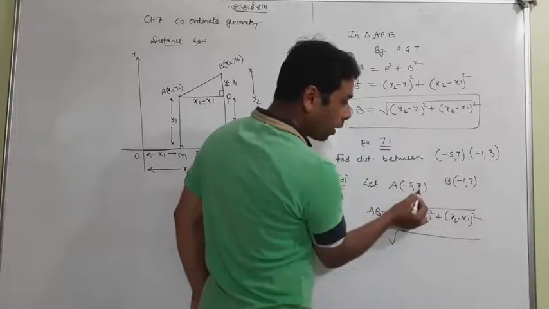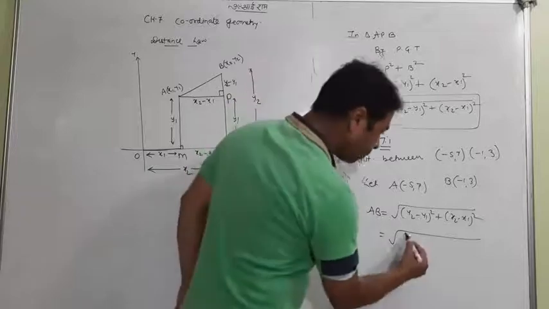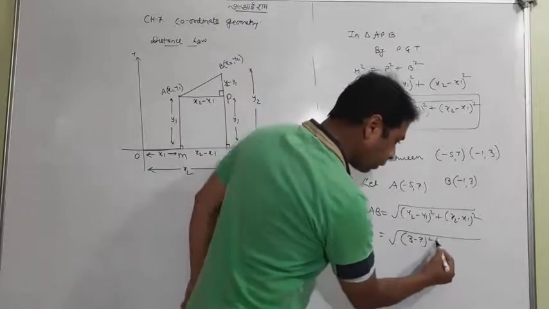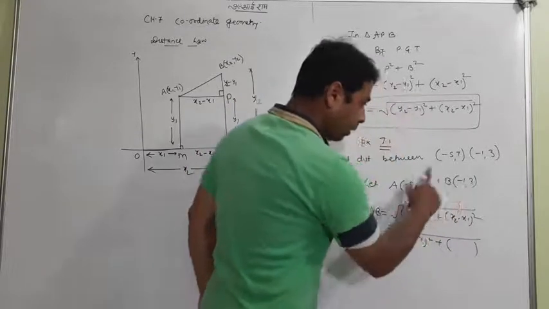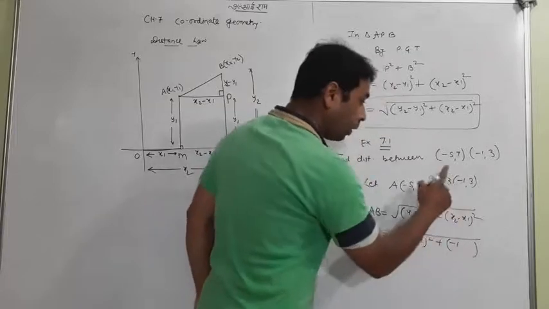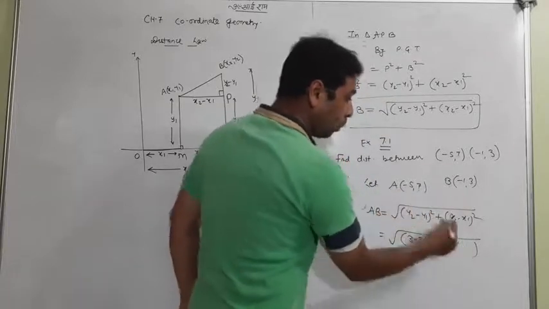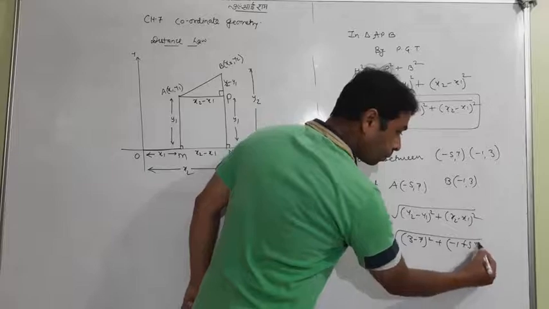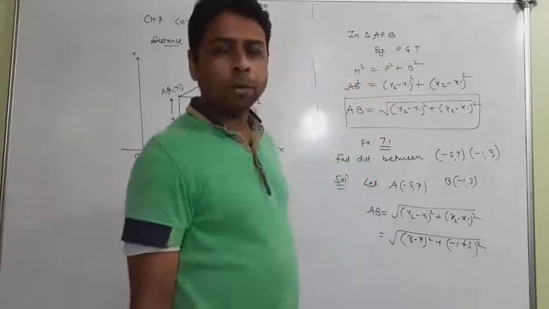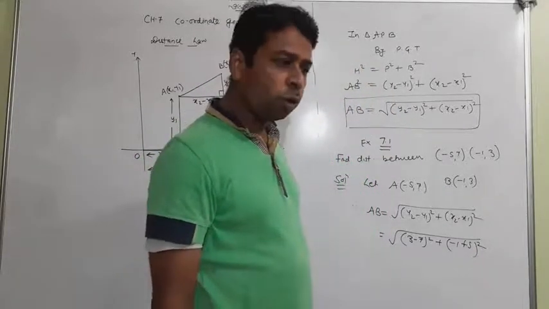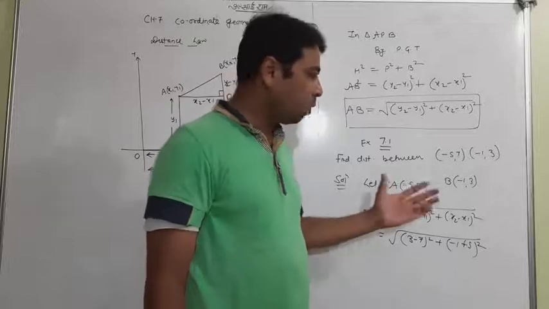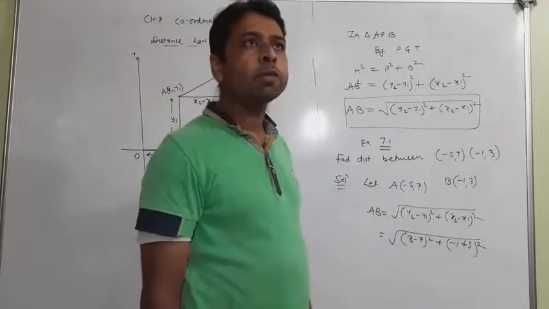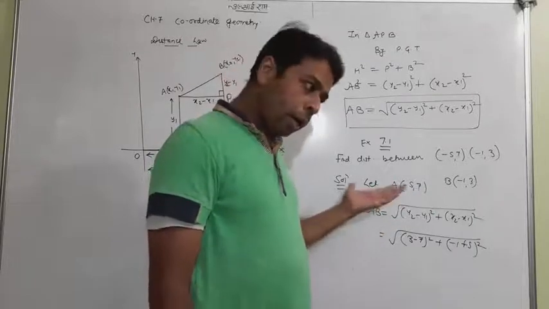y2 minus y1 meaning 3 minus 7 whole square, and x2 minus x1 meaning minus 1 minus a minus 5, and definitely minus and minus will be plus. So I don't want to compare much about that, because you know it always creates confusion. That's why I just want to consider x1 y1 x2 y2 in ourselves.